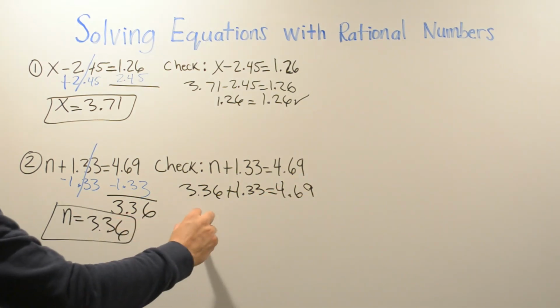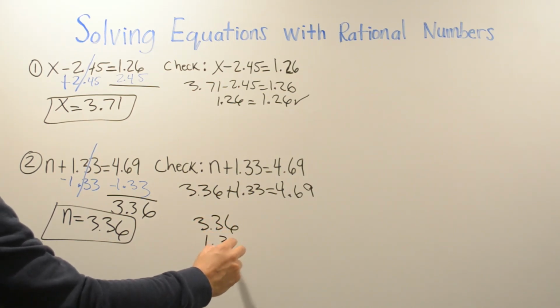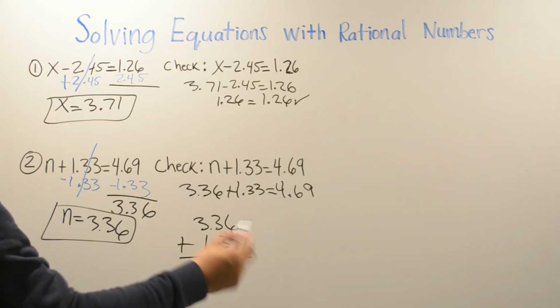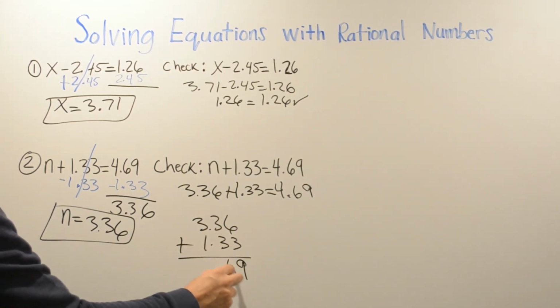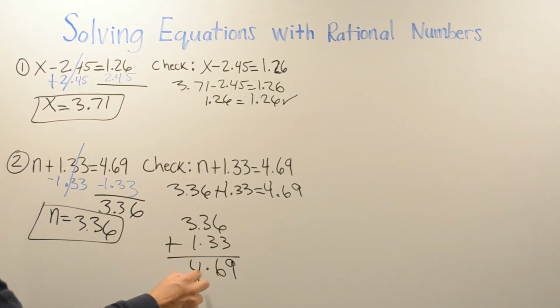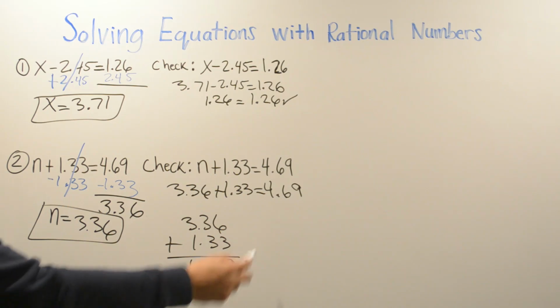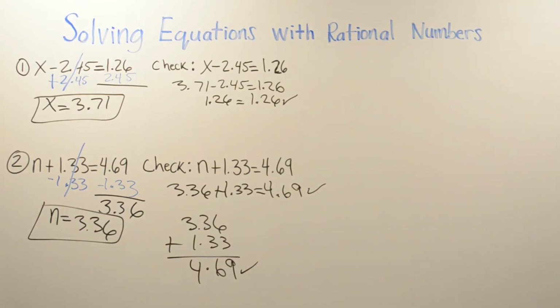I'll add it this time, but you can do it on your own so you can check if your work is right. 6 plus 3 is 9, and 3 plus 3 is 6. Bring down the decimal, and 3 plus 1 is 4. As you can see, 4.69 is the same as 4.69. So you got the same answer, you know you checked it, and you know that the answer is correct for number 2.